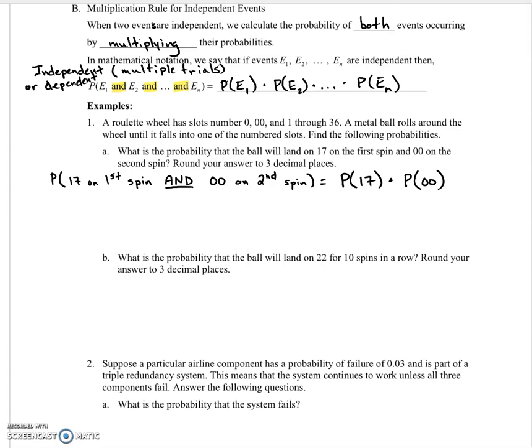So first we have to decide whether or not these events are independent. What do you guys think? Do you think that when we spin the wheel the first time it has any bearing on what happens when we spin the wheel the second time? Well, the answer is no. So these two events are independent, which is why we can use the multiplication rule.